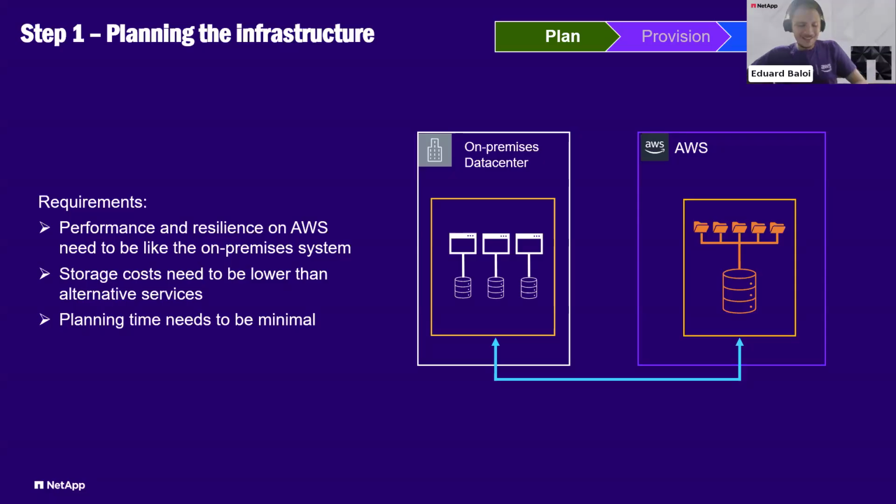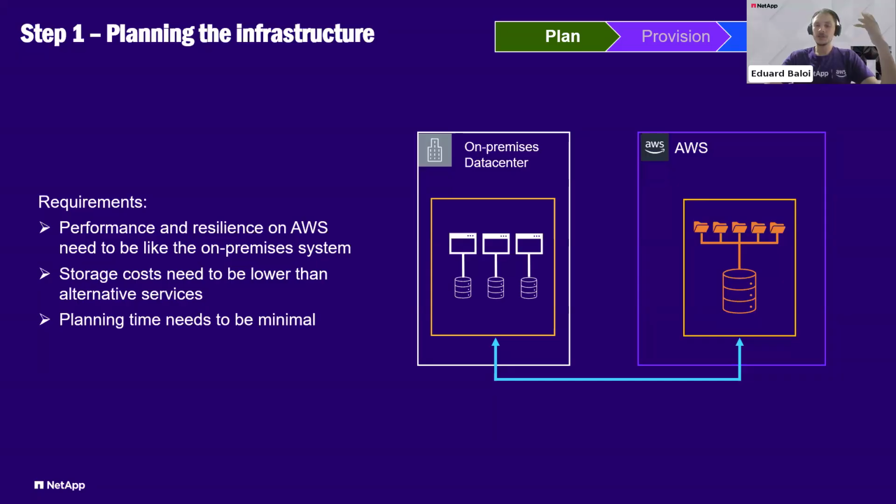Thank you, Danny, and that was a great rundown of the AWS framework. So, as we've established before, Workload Factory is a tool that can help us with the three main pillars, which is planning, provisioning, and operation of our FSxN footprint.